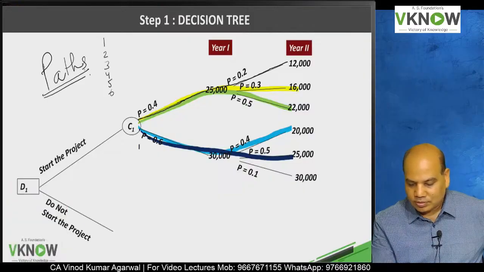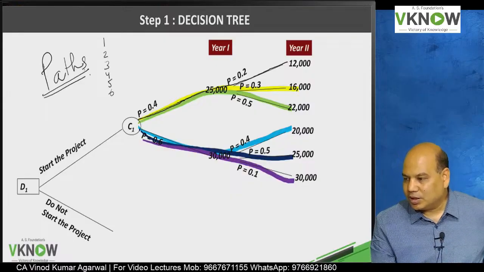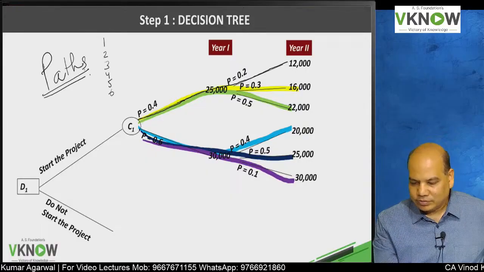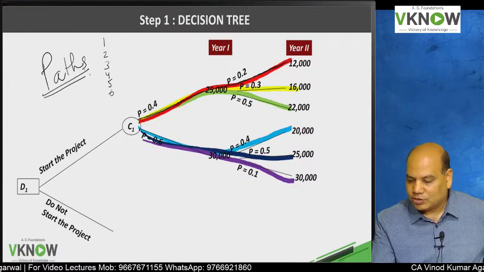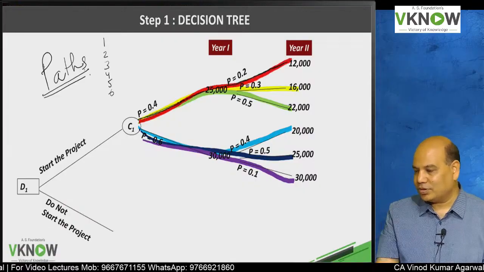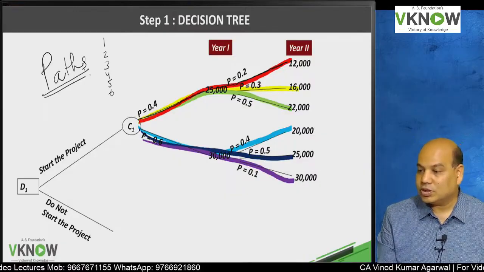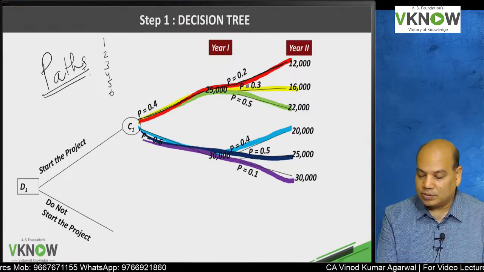And then the sixth path. Depending upon what you get in the first year and what you get in the second year, there are a total of 6 paths possible. Can you see that? If there are 6 paths possible, there will be 6 possible NPVs also.